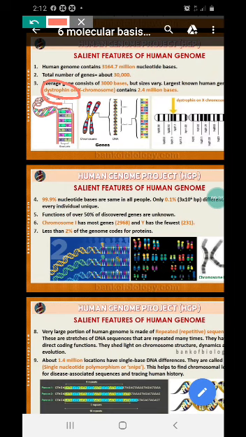Dystrophin is the longest gene or the biggest gene in human being, which contains nearly 2.4 million bases, and the smallest of the genes is nearly 3,000 bases. That's the smallest of all the genes.